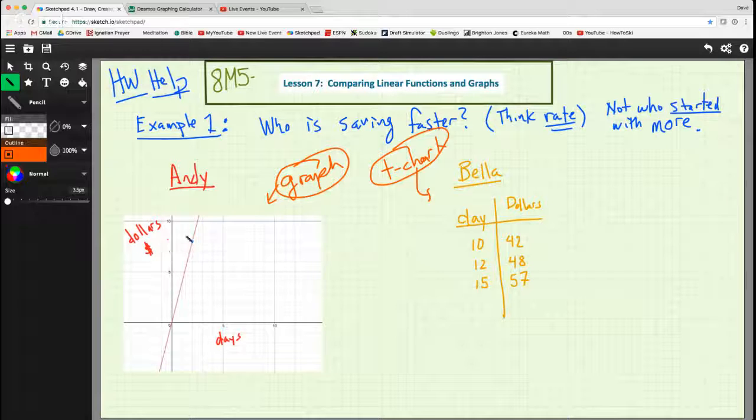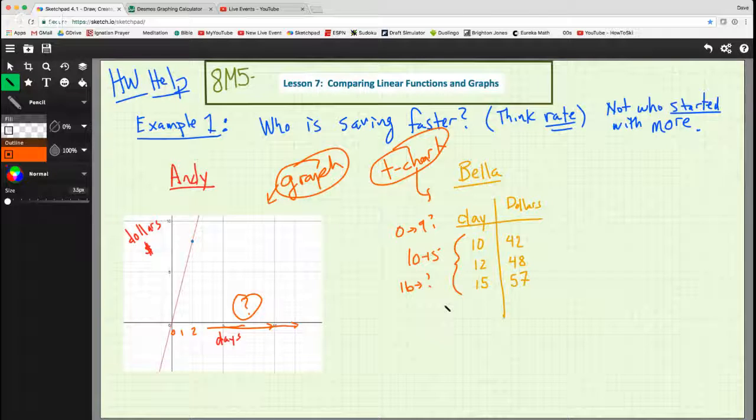For Andy we know what he did on day 0, 1, and 2, but we don't know what he's done on 3 through 10 and beyond. For Bella, we know 10 through 15, but from 0 to 9 we don't know, and 16 and beyond we don't know.